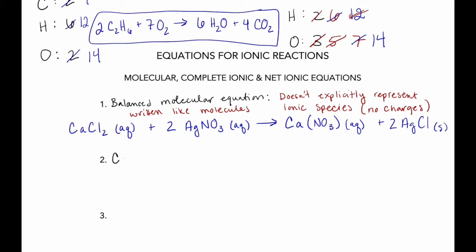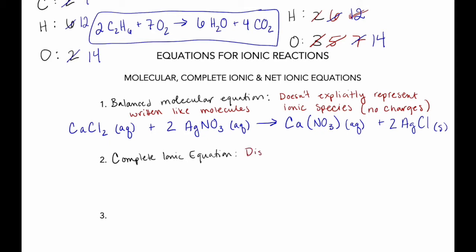The next type is the complete ionic equation. This equation is going to show charges and is going to show what the ionic species are.